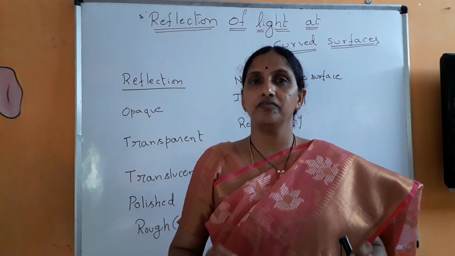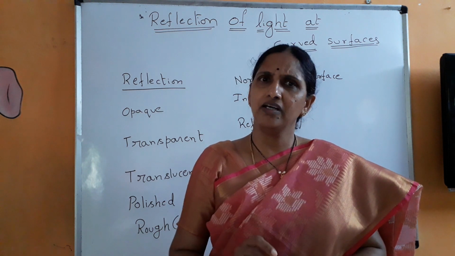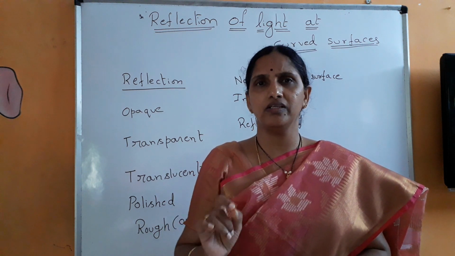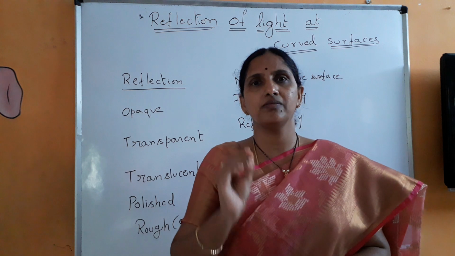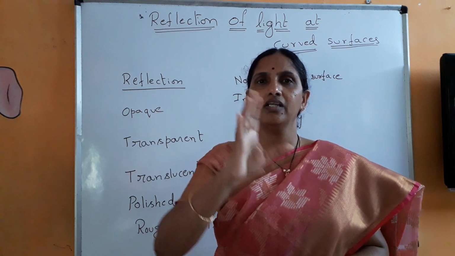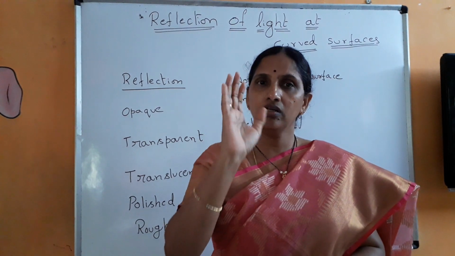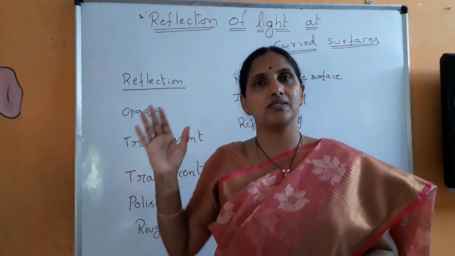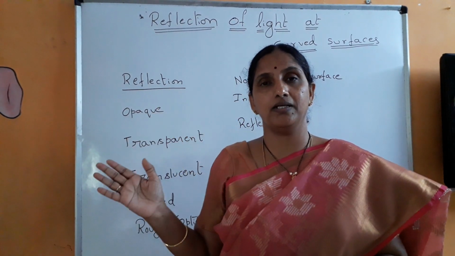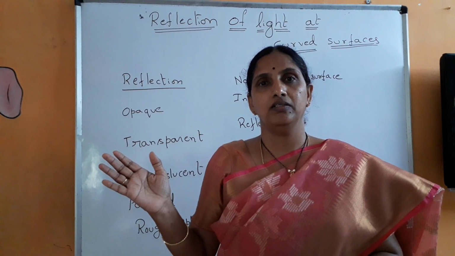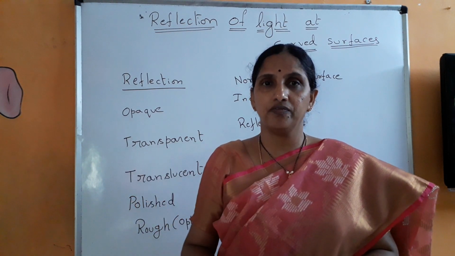This is the complete definition. Whereas to understand it very easily, it is just something like bouncing of the light ray. As the light ray is incident on the wall or on any surface, it bounces back. It comes back. So that is reflection of light.